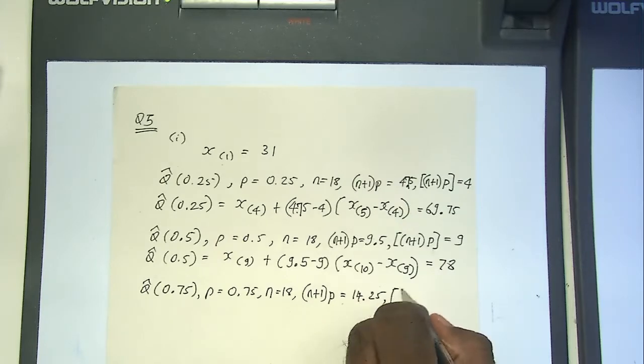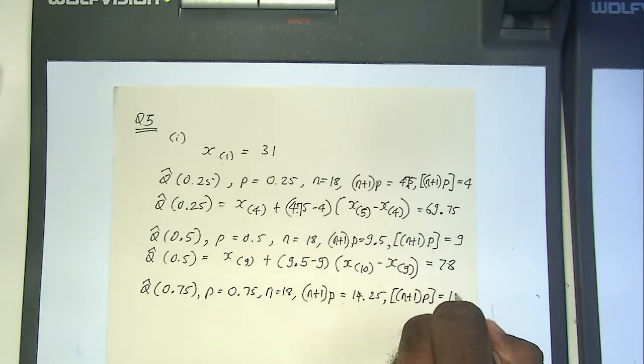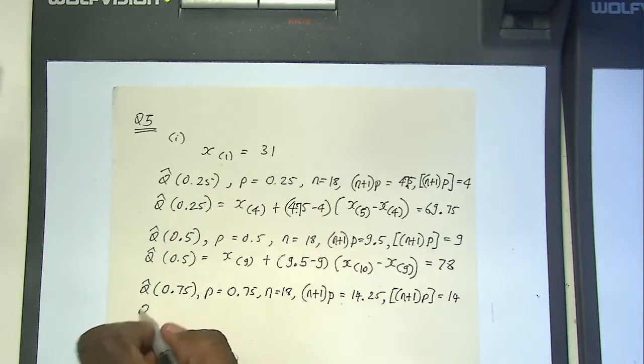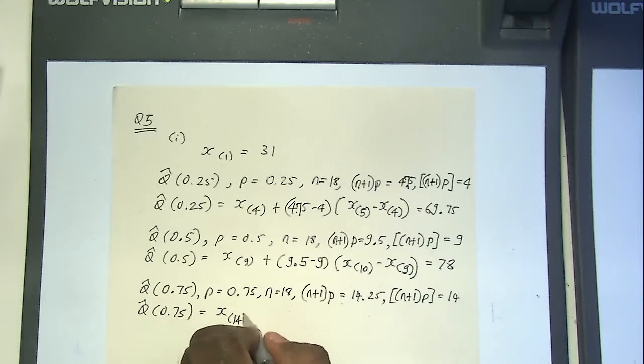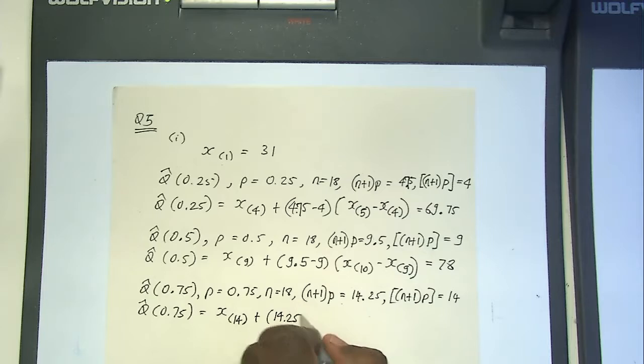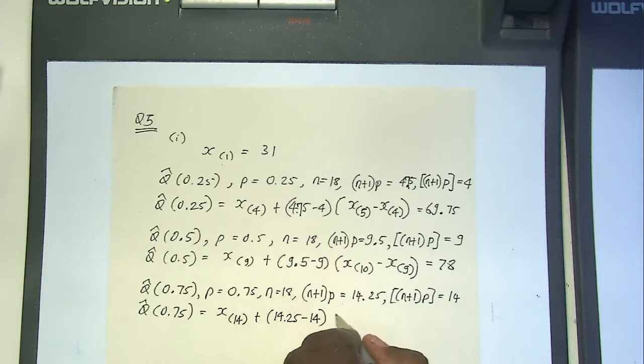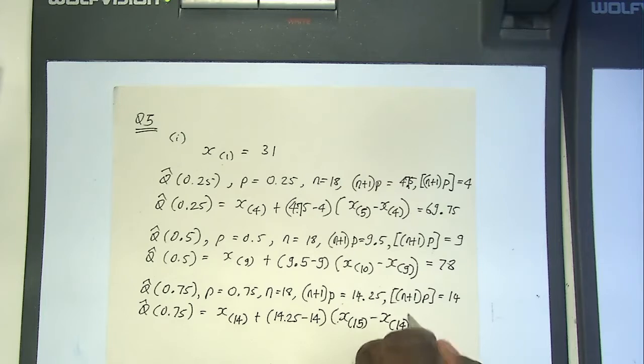So this would be 14, right? And you work this out, you get 87.25.